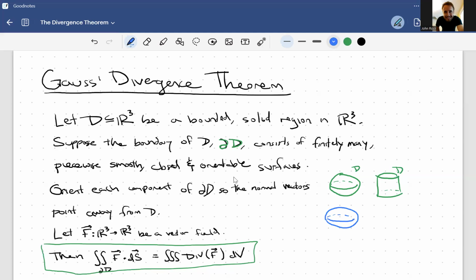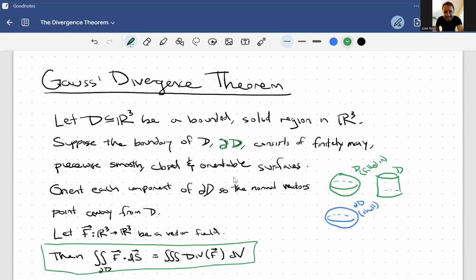So the pictures look basically identical, but the key difference here is that the boundary of D is just the outer shell, while previously D was the filled in sphere. The boundary of D is just the shell.